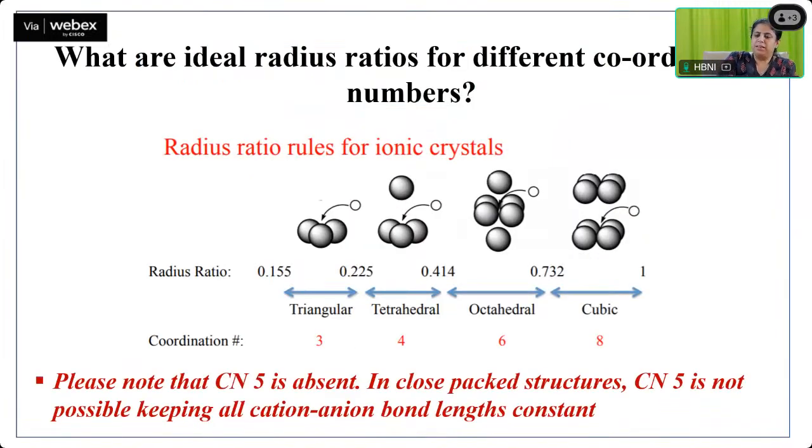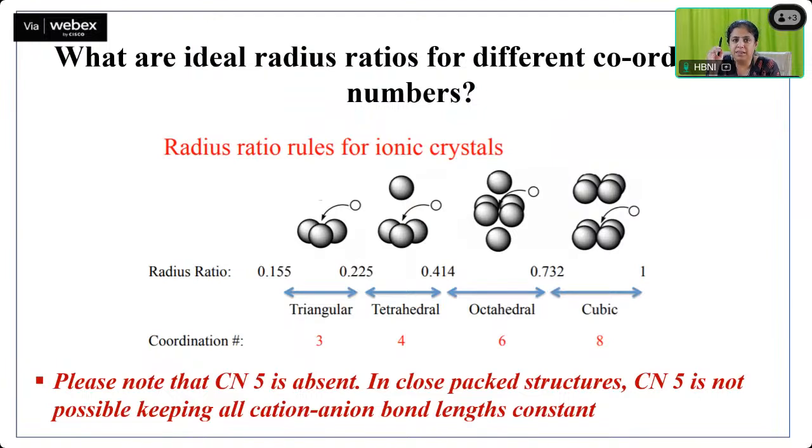So what are the different ideal radius ratios for different coordination numbers? We have read about this. Why are we talking of radius ratio here? Remember we started with close packing. We talked about cubic close packing and hexagonal close packing. If you're able to recall, because you're not sitting in front of me, I can't really ask you, in CCP and HCP we were talking about equal sized spheres packed in a close pack arrangement, and the coordination number was 12.